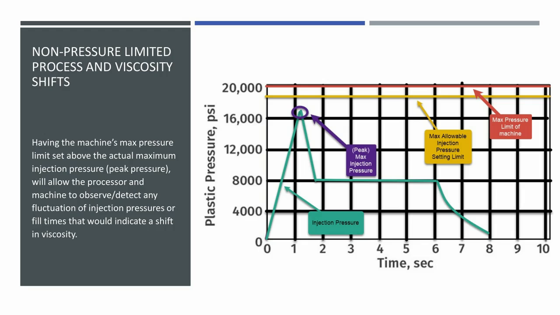Here we have a non-pressure limited injection trace, where you can see our peak pressure is just above 16,000 PSI. Our limit is set probably around 18,000 PSI, and our max machine limit is 20,000. So we are not hitting either of these limits. And you can see that now that we're not limited, we no longer flatline with that curve. We hit our peak and we can drop off from that first stage to the second stage pack and hold.